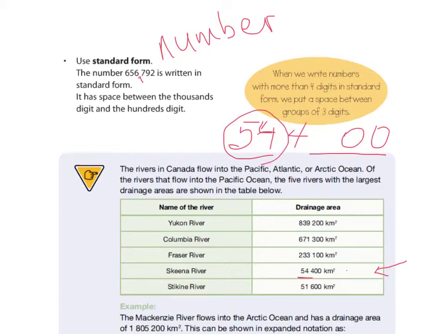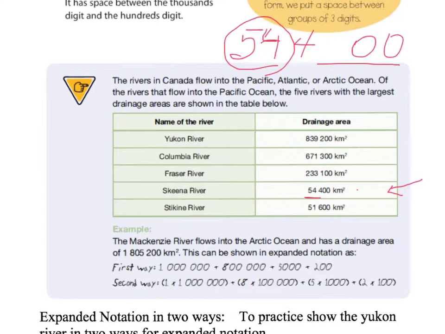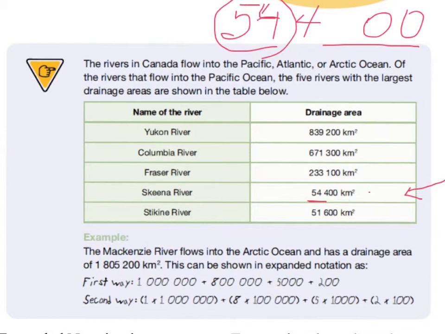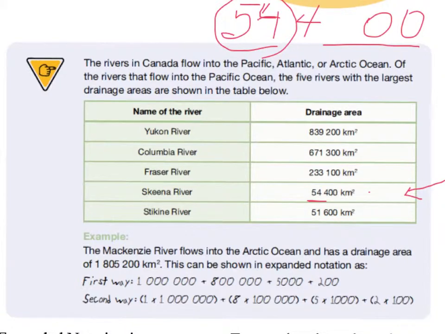All right, let's take a look at some of our numbers here. The other thing we're going to talk about is how to say these numbers. So if we have the Yukon River, we see here there's 3 numbers and then another 3 numbers. So that means this is going to be in the thousands period.